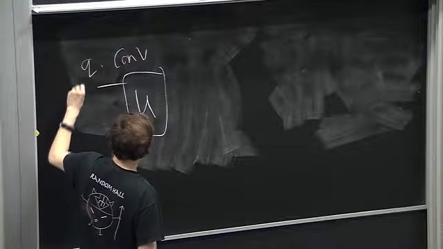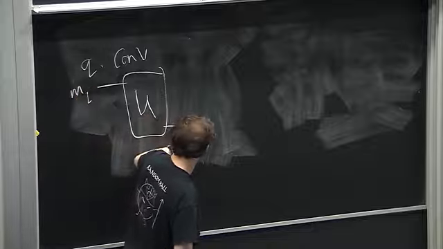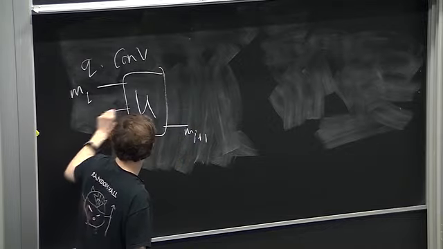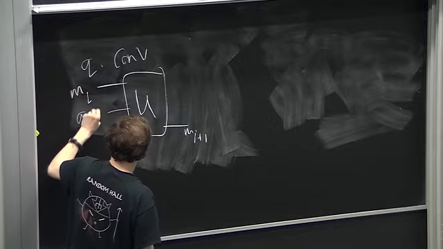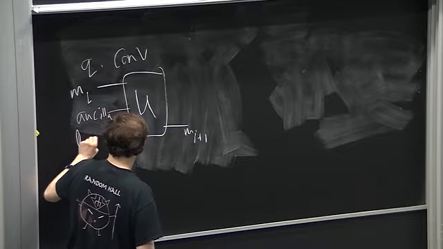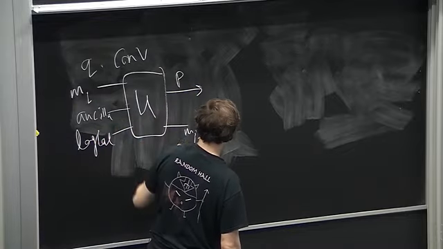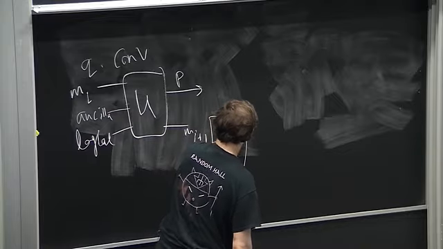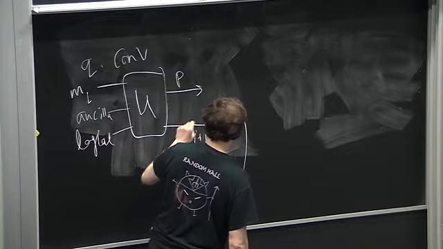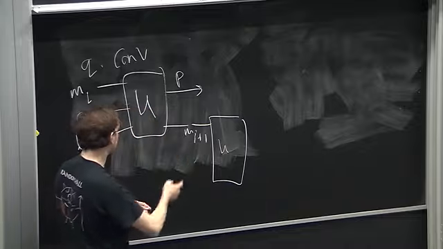So we've got some input, memory I, an output, memory I plus 1. We input some ancilla and some logical stuff, and we output physical. And then afterwards, we can do another one, and we make sure that the memory input for this next one is the same as the memory output for the previous one.